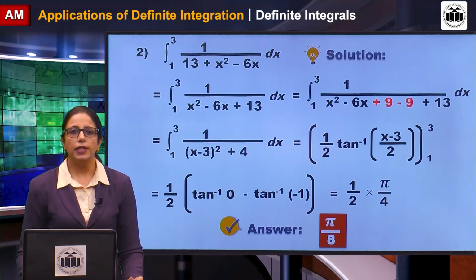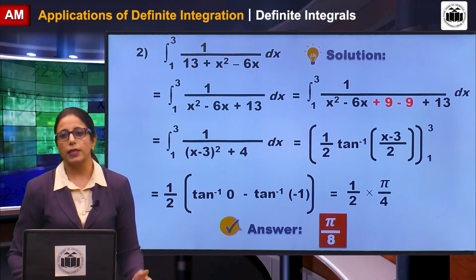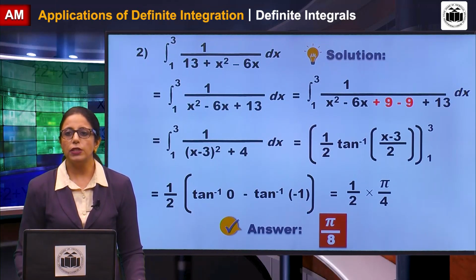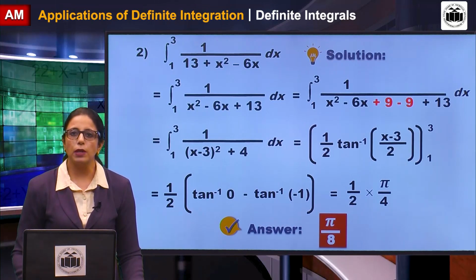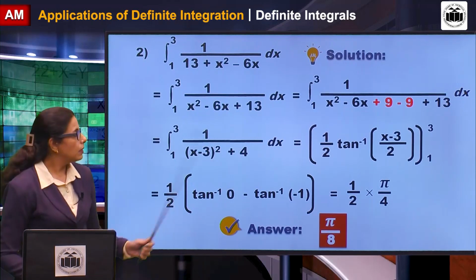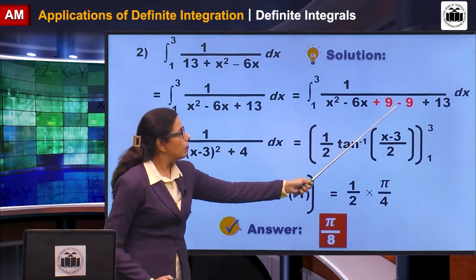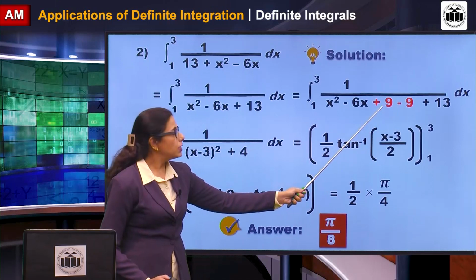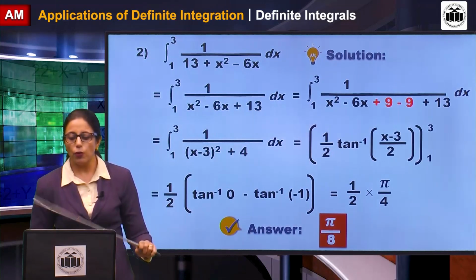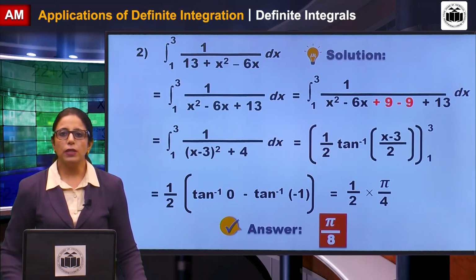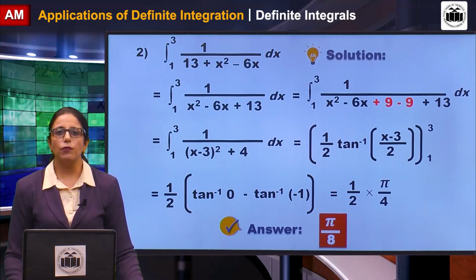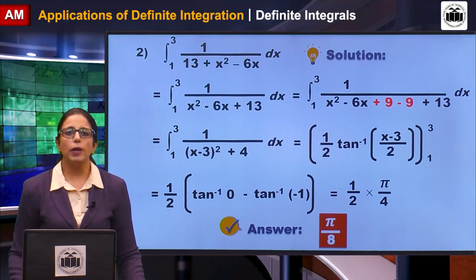Then we have 13 plus x squared minus 6x. Again, a quadratic equation in the denominator. If you remember, we solved a similar type of sum where you used the third term formula. So you can see the third term formula will give us plus and minus 9. This plus and minus 9 is important for you all to remember, and understand that you are using the third term formula and bringing it in the form 1 by x squared plus a squared.